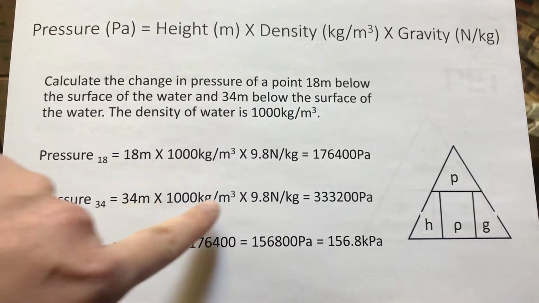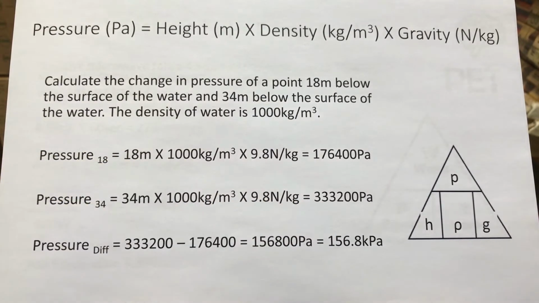So we work out the pressure to be 333,200 pascals. So I now know the pressure at 18 metres, I know the pressure at 34 metres, and I now need to work out the difference in pressure. How much more pressure is there if I go to 34 when I started at 18 metres?